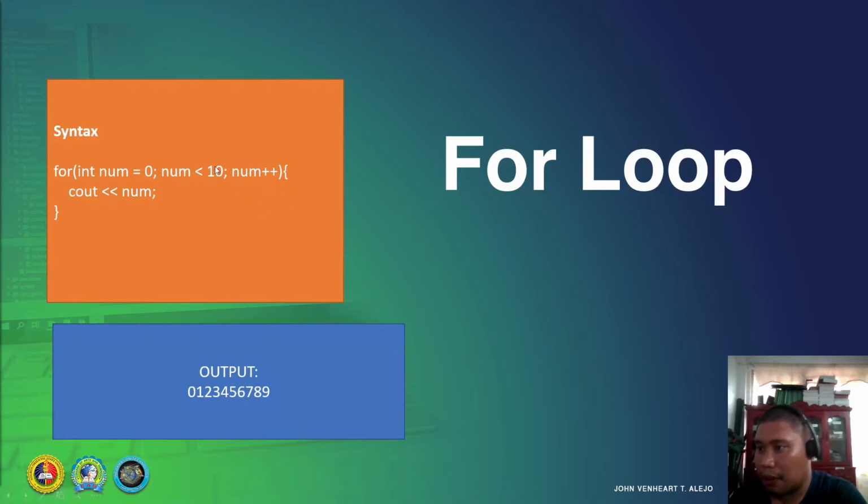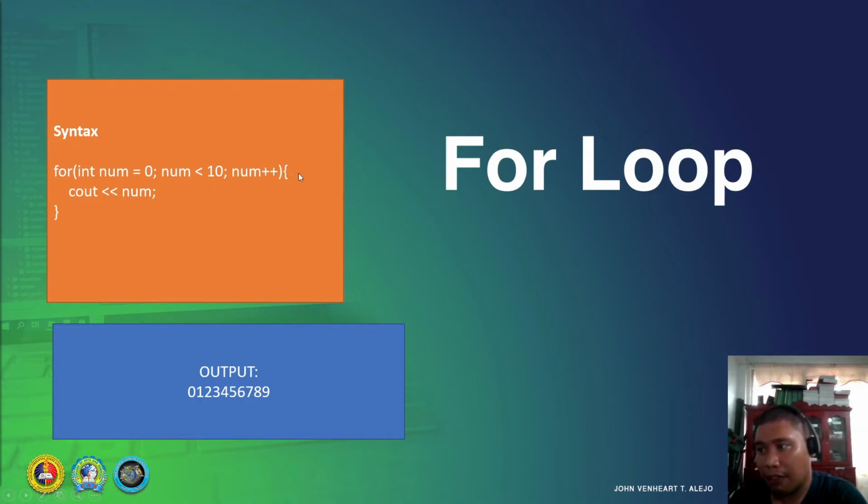Okay, going back, num has a value of 2, so 2 is less than 10. If that is true, it will add 1 after the loop, so it outputs cout num1, which has the value of 2. Then once the loop is done, it will add the 1 here on the post-increment, so we have the value of num is 3, and 3 is less than 10.